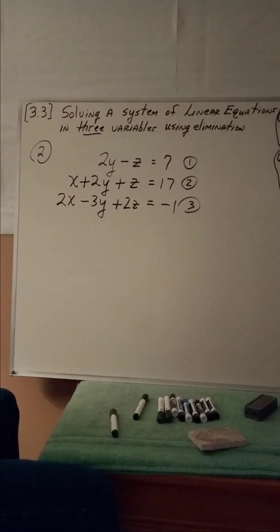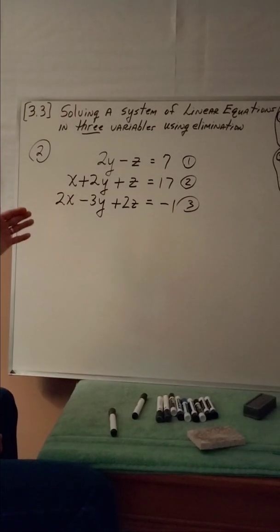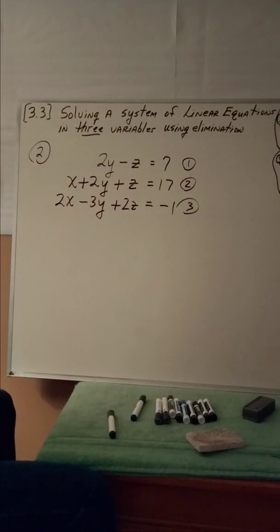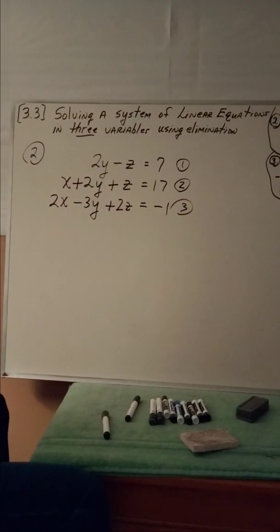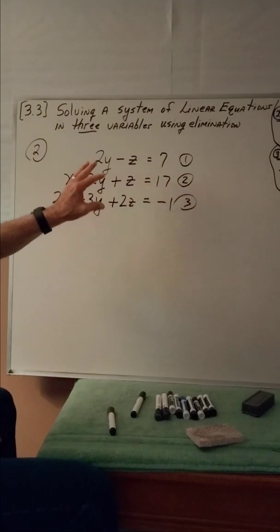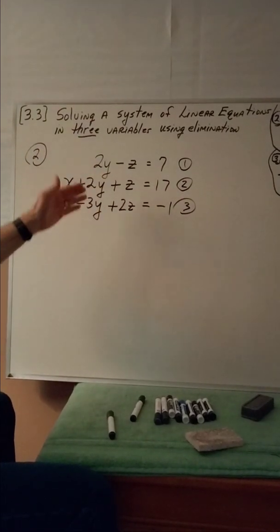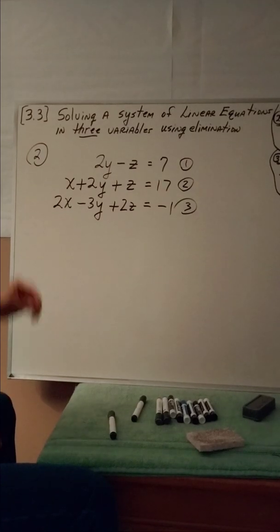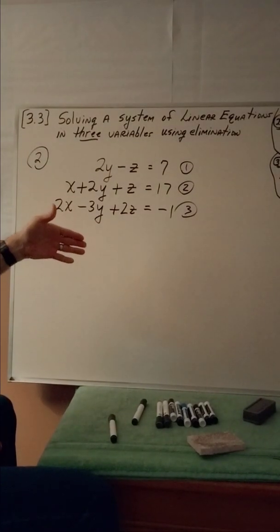Well, then that should be the variable that we eliminate from the entire system. We would have more work if we were to eliminate y or z from this system. We could, but it's more work.